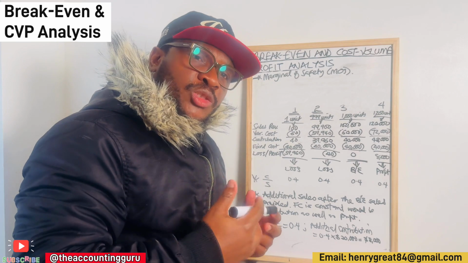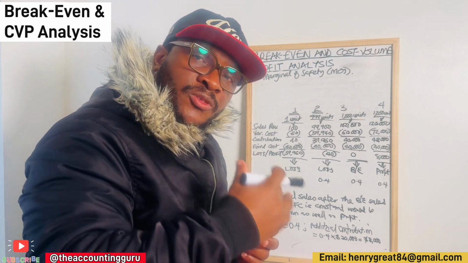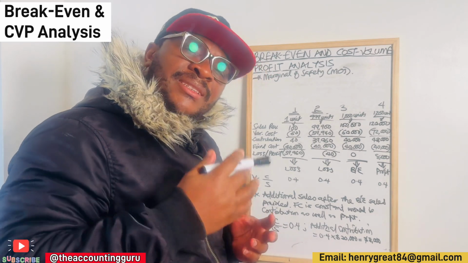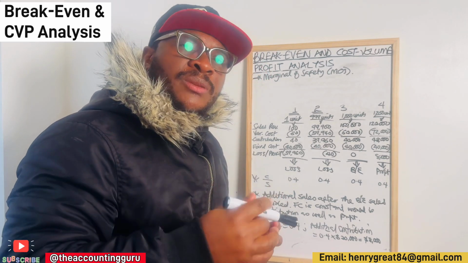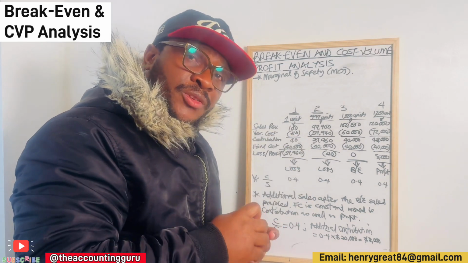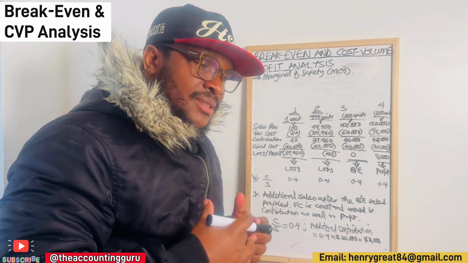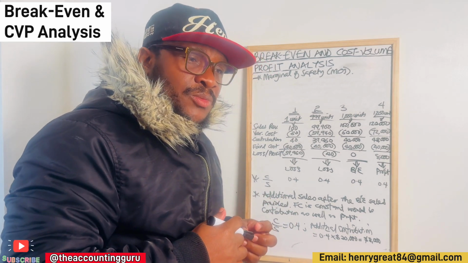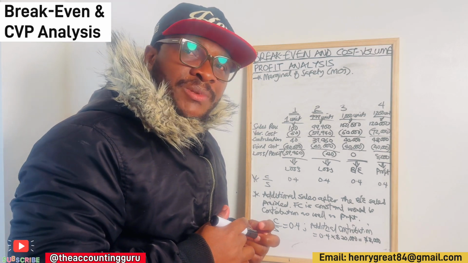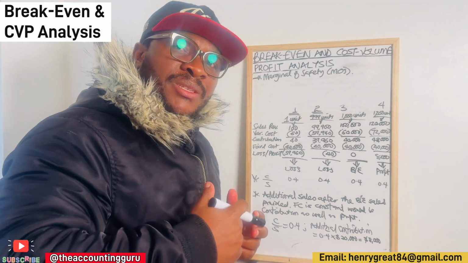Now let's bring it further. Let's assume this student has written an exam and the pass mark is 40%. It simply means that if this student scores 39%, the student fails the exam. Now the student, after writing the exam, has estimated that at best he'll get 50%.